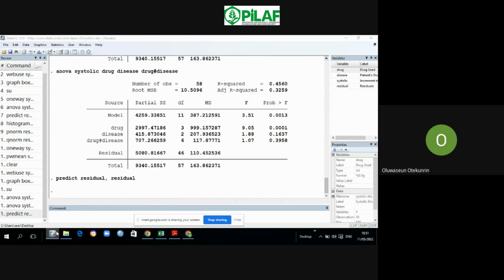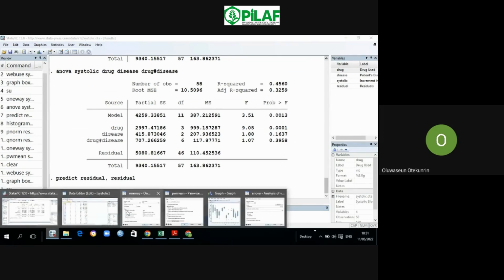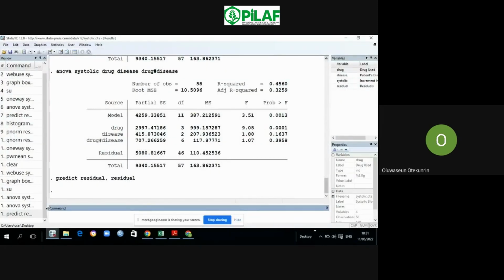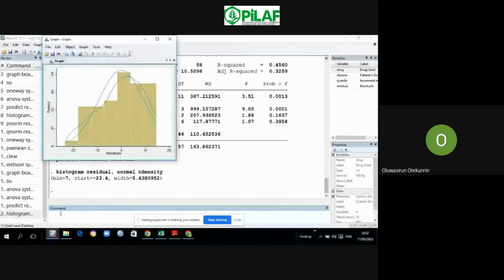So the next one now is to go to our histogram of residuals. Histogram residual, normal, kdensity. You can see the normal plot, then the kernel density plot.